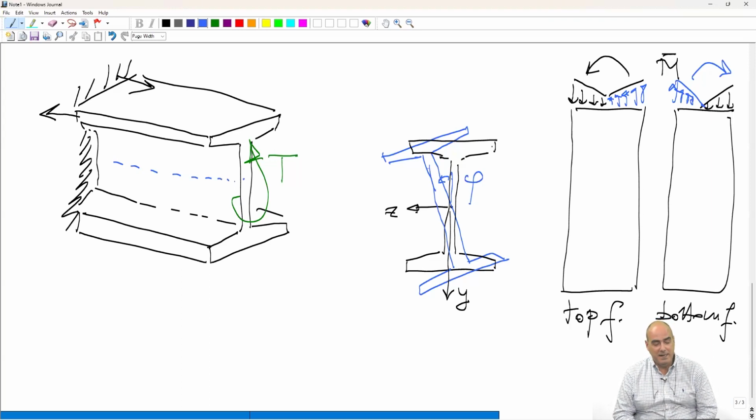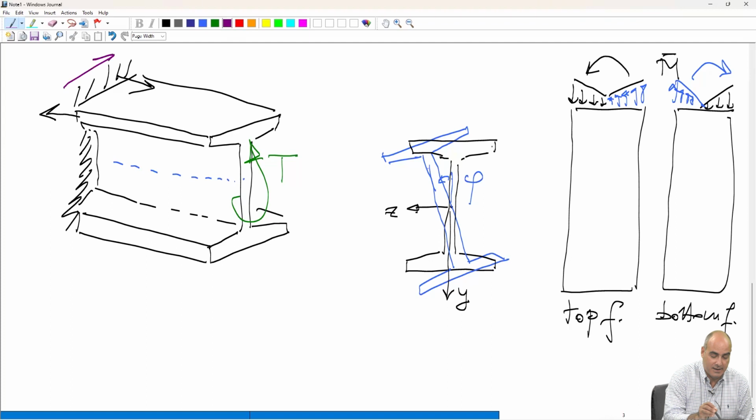What does it mean that the bending moment changes along the axis of the beam? If there is a bending moment which is not constant, there is a shear force. So what arises here, now let's use the purple, which is nicer. Red seems a mistake. What arises here is a couple of shear forces.